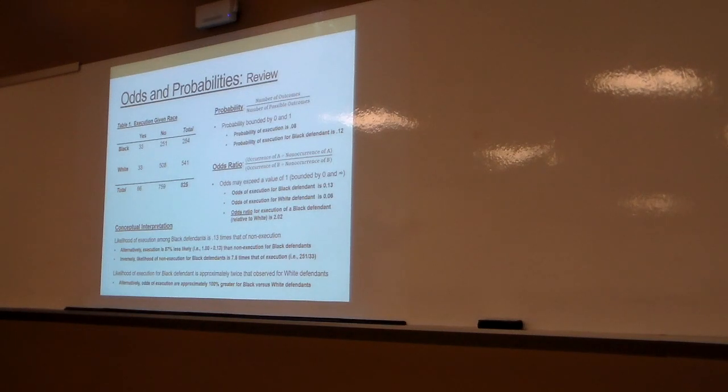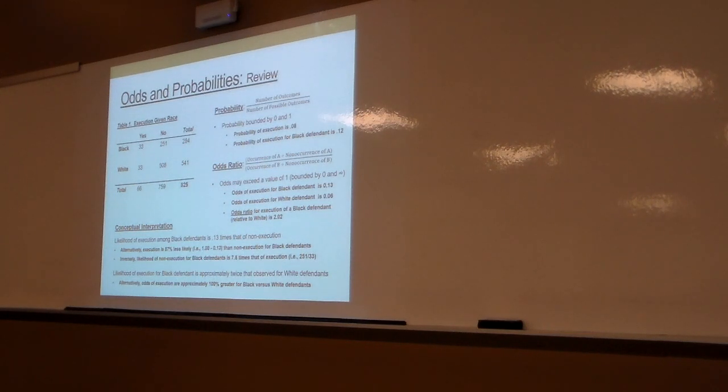And so when we're interpreting our odds ratios, 1 is our baseline, so we take our odds ratio and subtract 1. Here, if we get 2.02, we subtract 1 from that and get about 1. So we would say the odds of execution are approximately 100% greater for black defendants as compared to white defendants, right?